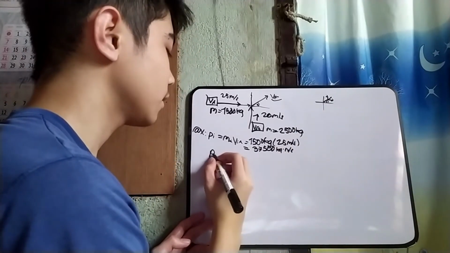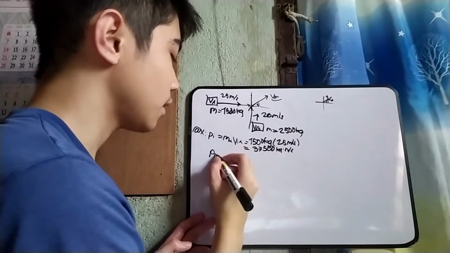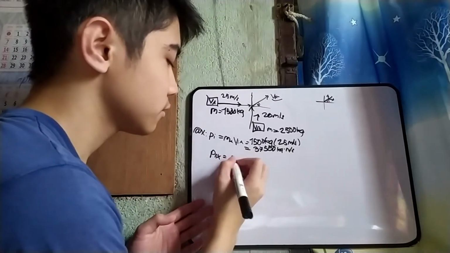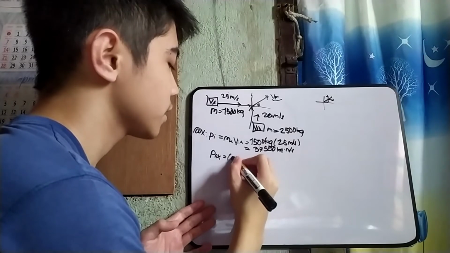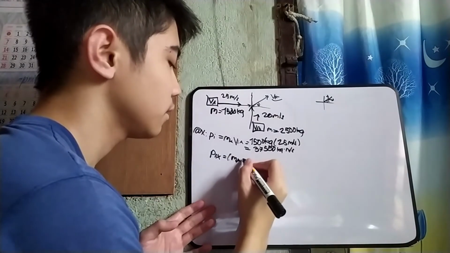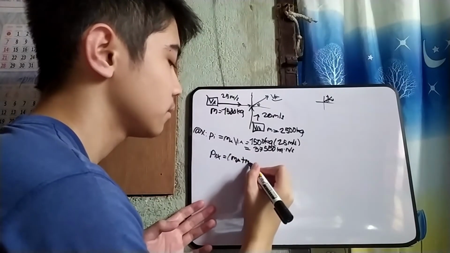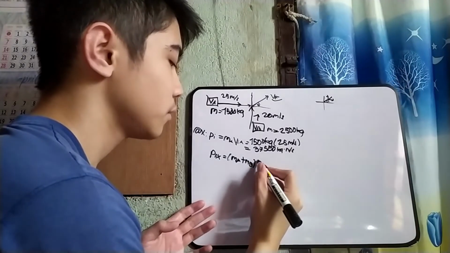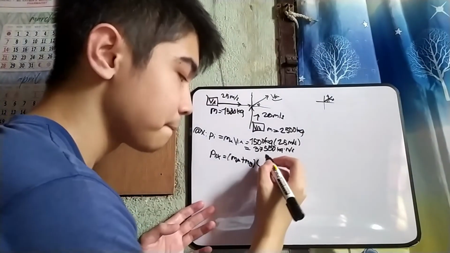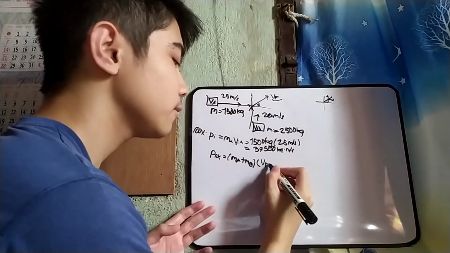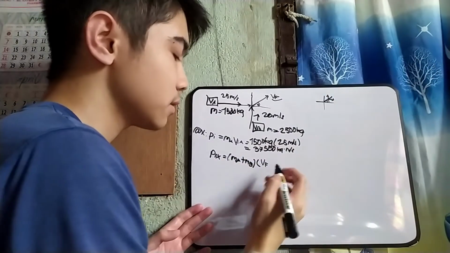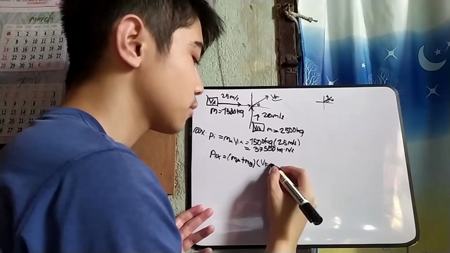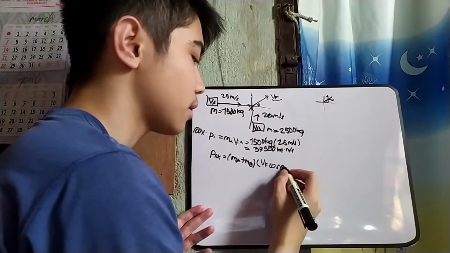So, P final at x is equal to the mass of vehicle A plus the mass of vehicle B multiplied by the final velocity, since this is x, cosine theta.